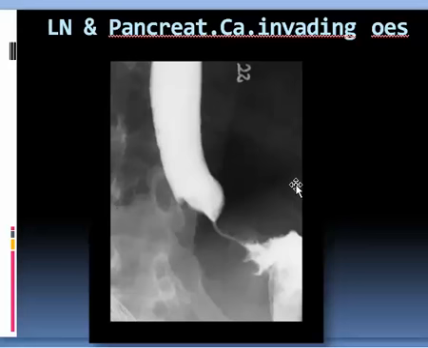So this can be an example of esophagogastric carcinoma, but actually it is a large pancreatic carcinoma with lymph nodes invading the esophagogastric junction. Thank you.